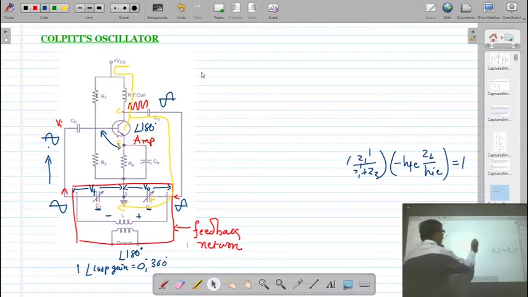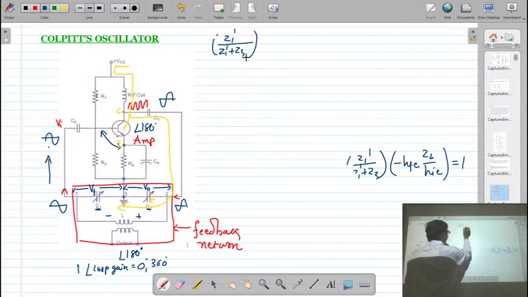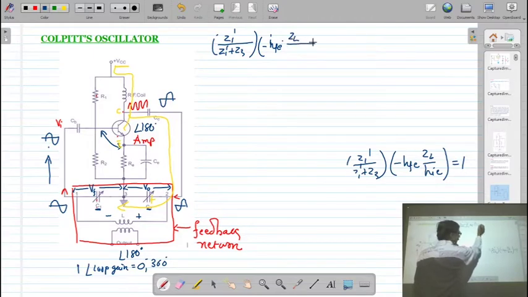Remember, what is the expression? The expression is Z1 dash divided by Z1 dash plus Z3 into minus HFE into ZL divided by HIE, equal to 1.